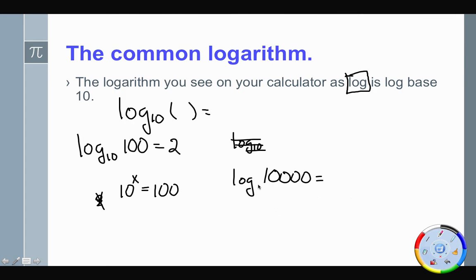So if there's no number as a base, that is automatically log base 10. What this is saying is 10 to what power is equal to 10,000. You should know that the number of zeros is the exponent on the 10. Since there are 4 zeros, this is 4.